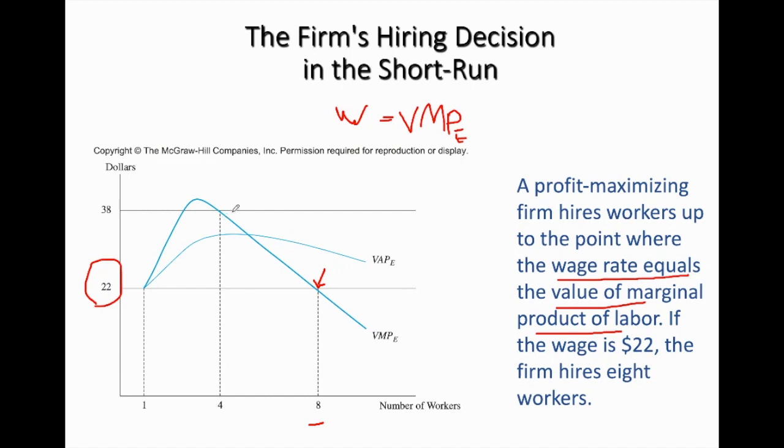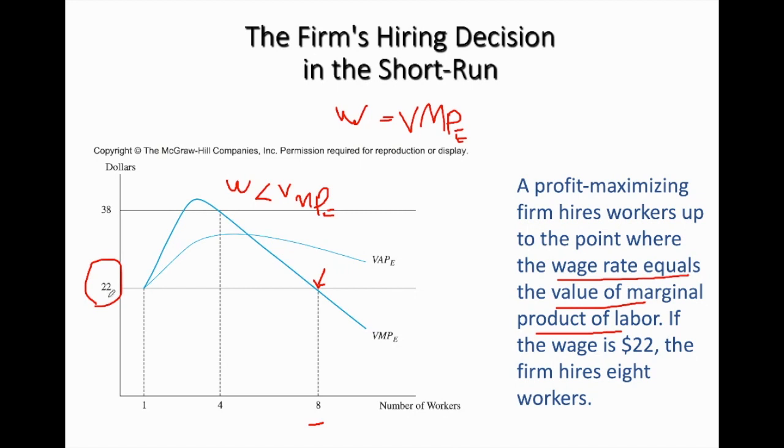The reason is that at 4 workers, we find that the value of marginal product of worker is more than the wage rate. Or if we rewrite the rule, this is where our value of marginal product of worker is more than the wage rate. What it tells us is that hiring the 4th unit of worker actually brings more revenue than the cost of hiring that 4th unit of worker, because the cost of hiring each unit of worker is given by the wage rate.